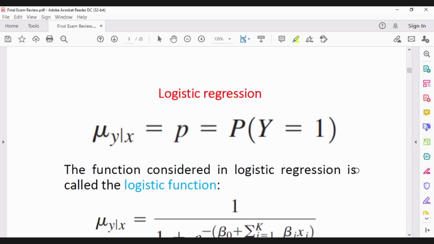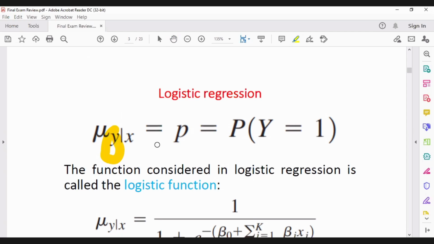Logistic regression. Mathematically, we need to write down the mean of y given x's, where y is a binary variable. So the mean of y given x is equal to p. Under multiple regression, the mean of y given x is equal to b0 plus b1 x1 plus b2 x2 and so on.